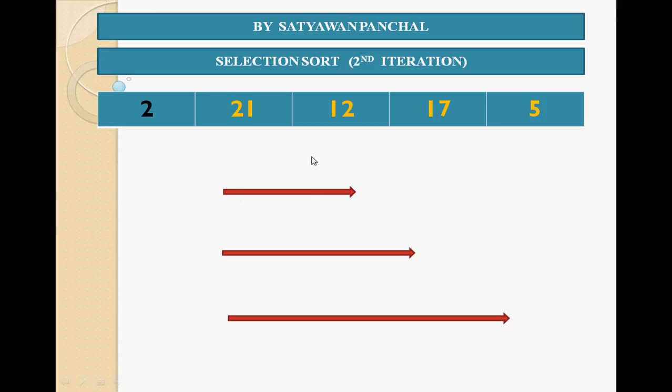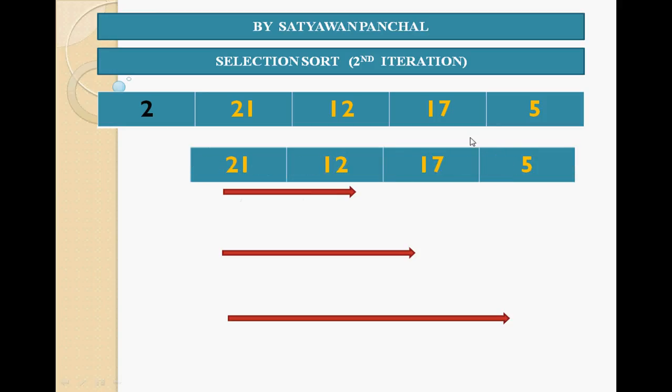Here is the list: 21, 12, 17 and 5. The element at this position will be compared with the very next element. So 12 is lesser, so it is required to be swapped.